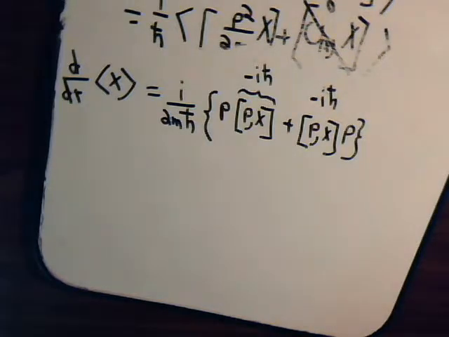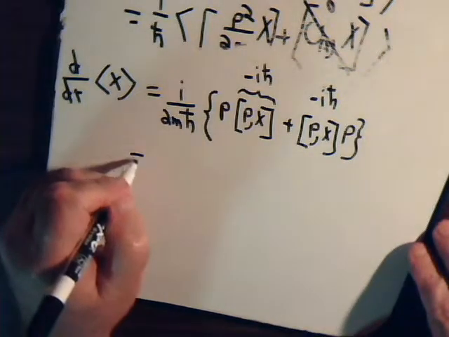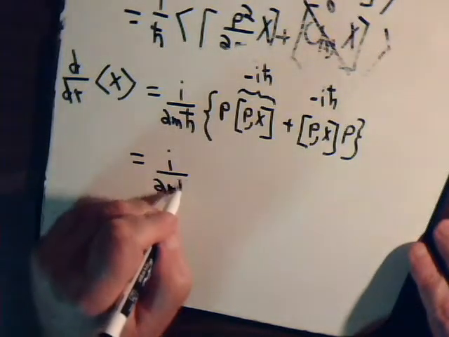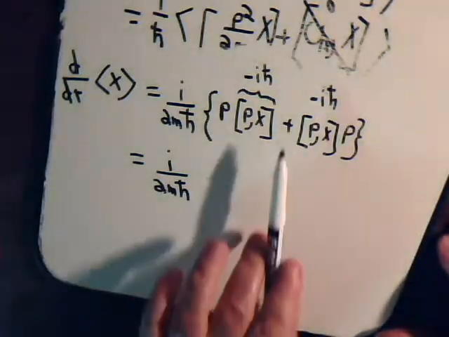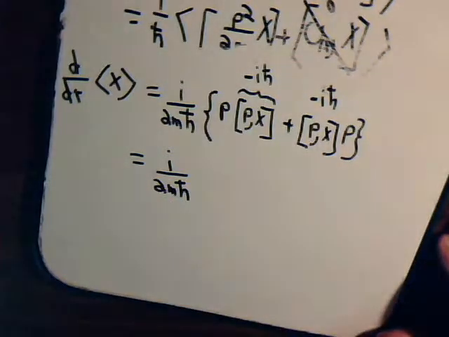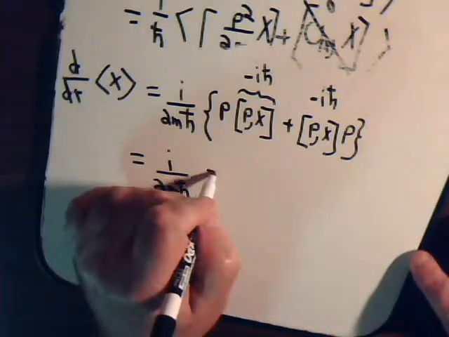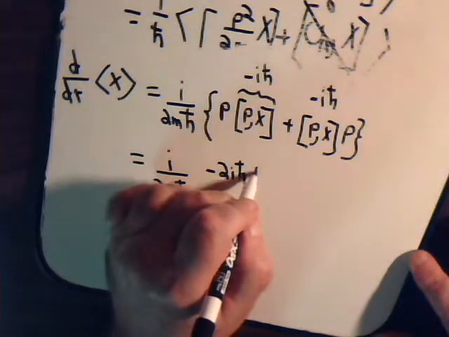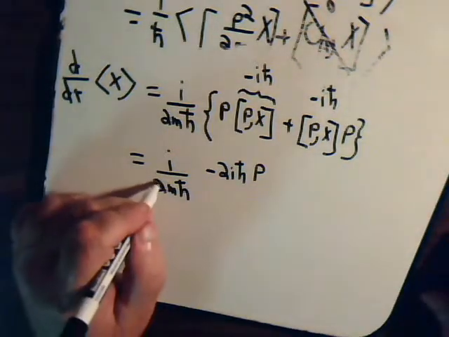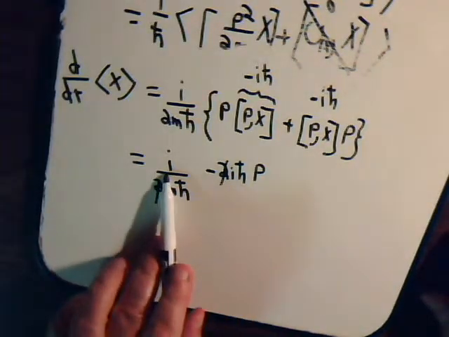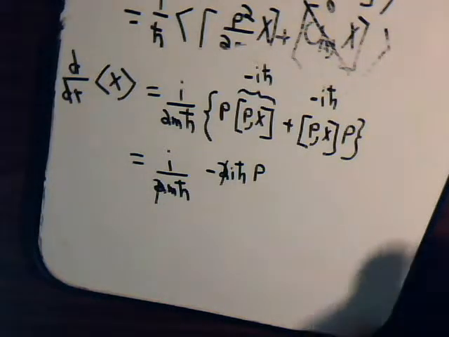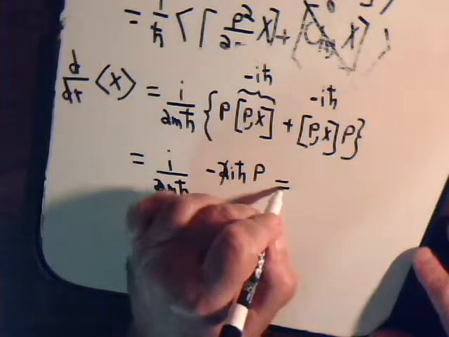Here we're saying then that this is equal to i over 2m h bar, and here we have minus 2i h bar times p, like this. So the 2's cancel. i squared is negative 1 times minus, that's plus.